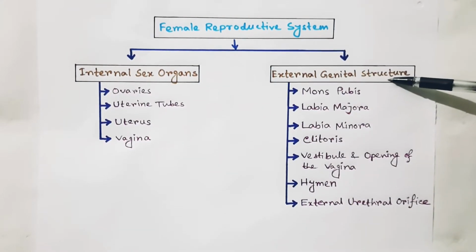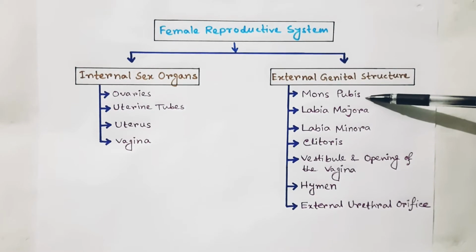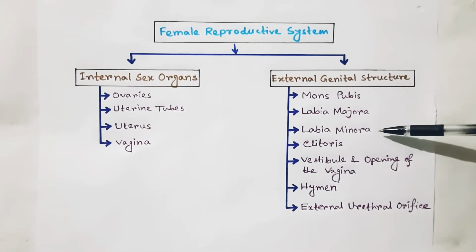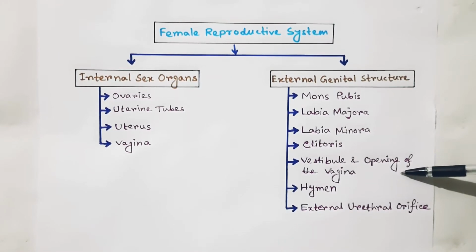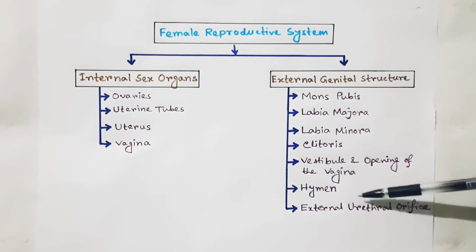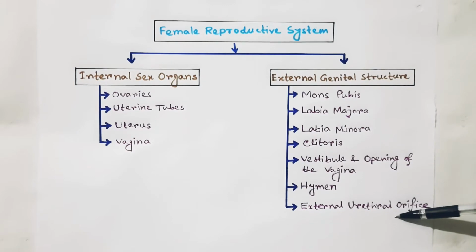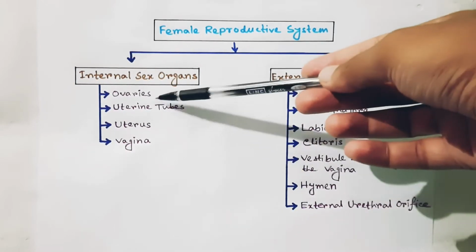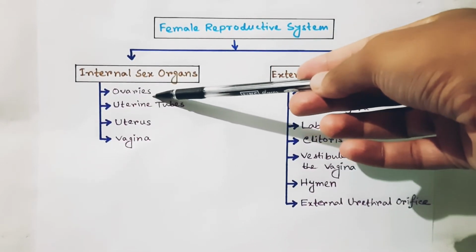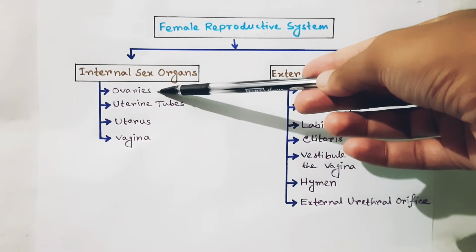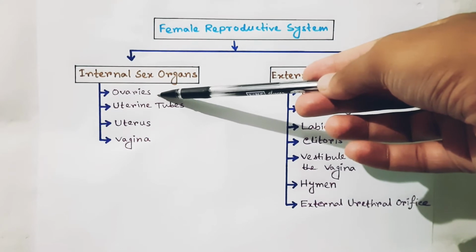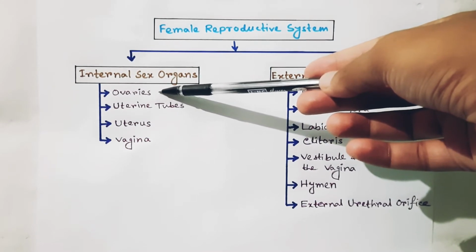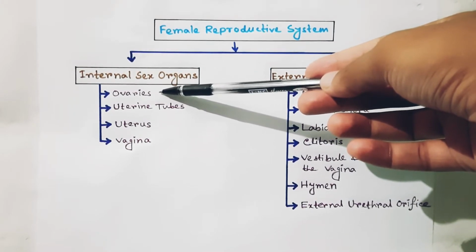The external genitalia include the mons pubis, labia majora, labia minora, clitoris, vestibule and opening of the vagina, hymen, and external urethral orifice. Today I will discuss the ovary, which is the primary sex organ in females. Ovaries are the only organs that produce female gametes or oocytes via oogenesis.